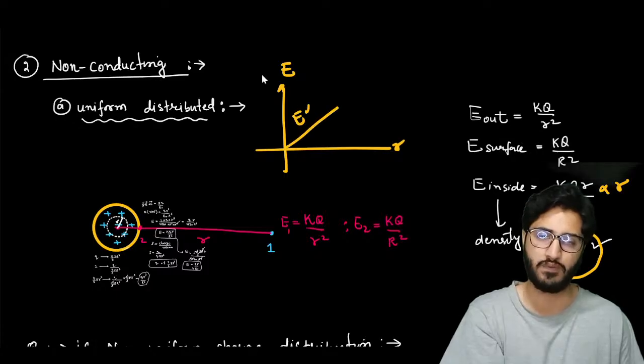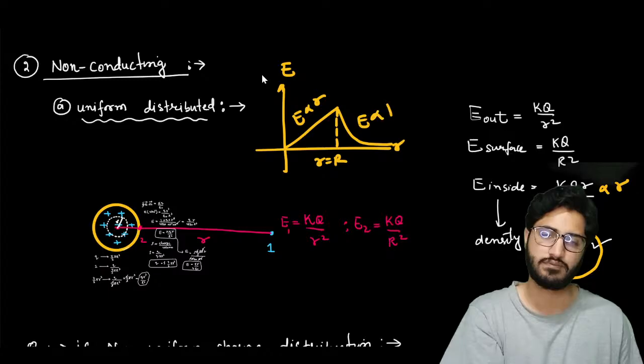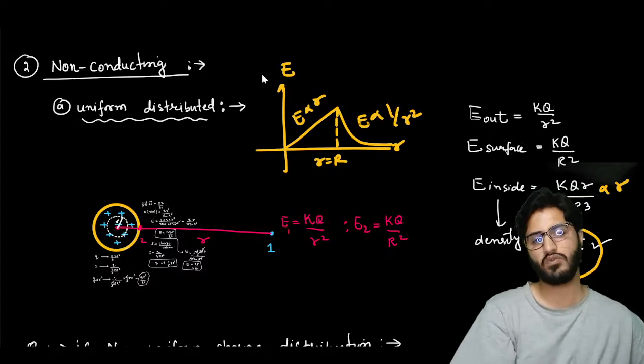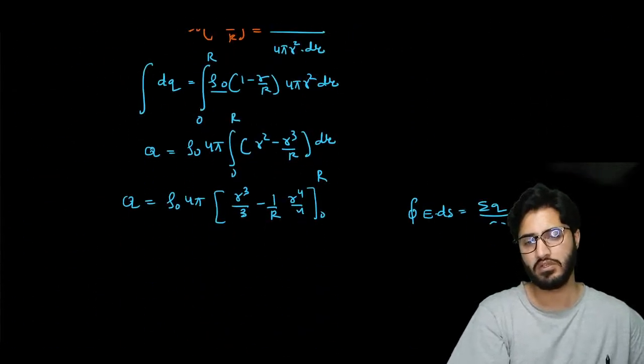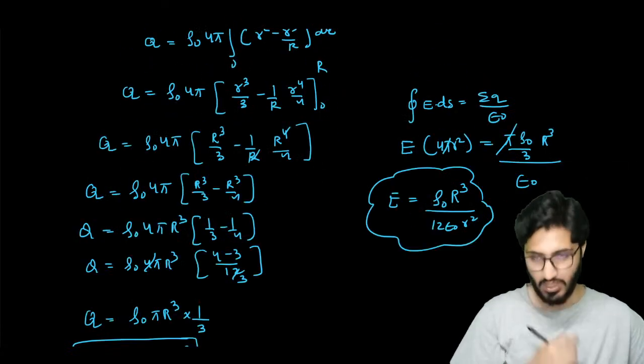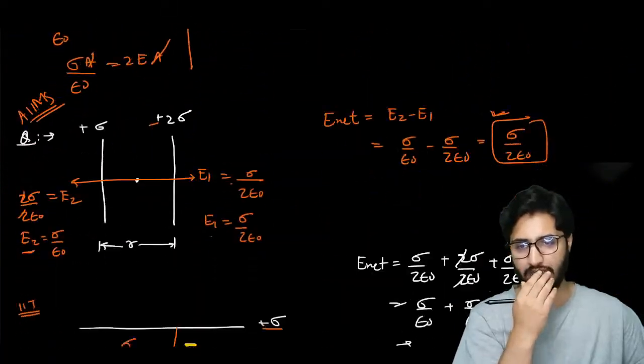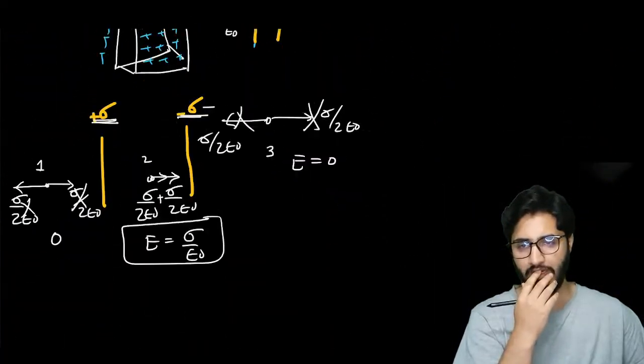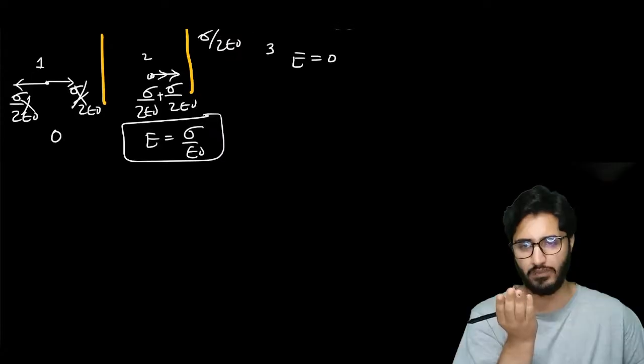At the surface it is maximum, then it will go in this way. I was missing this one. So this one we had done, then we had done this one with graph also, and some numericals. This one is the same as the previous one.